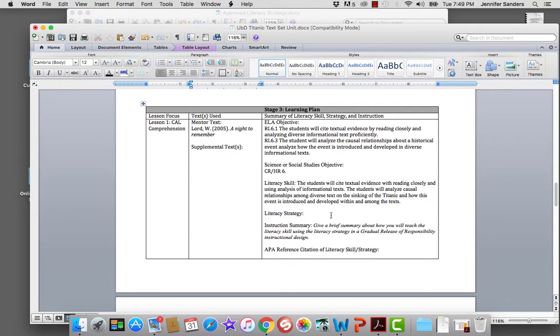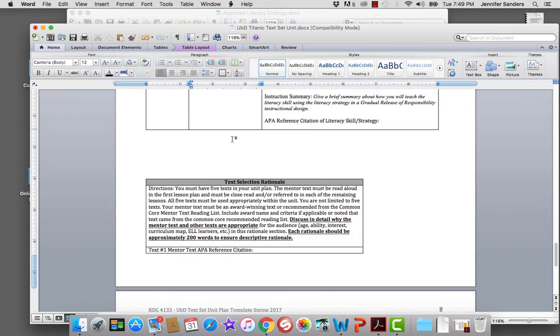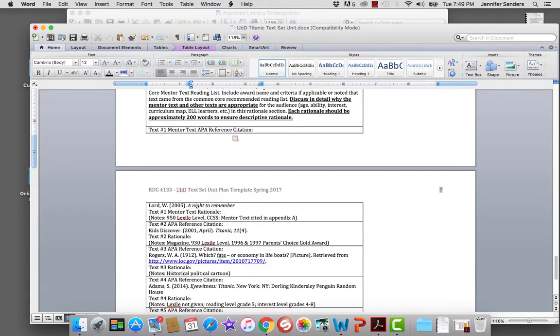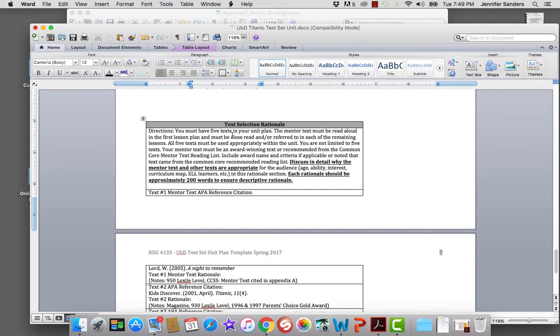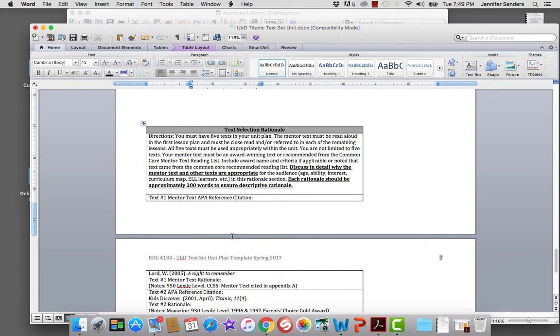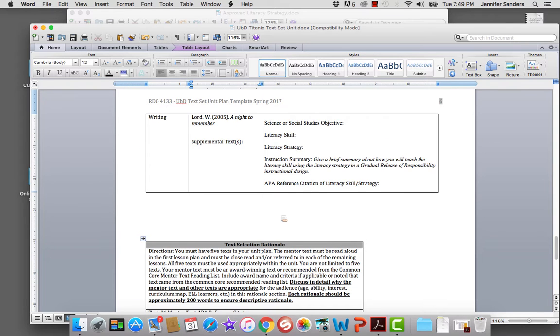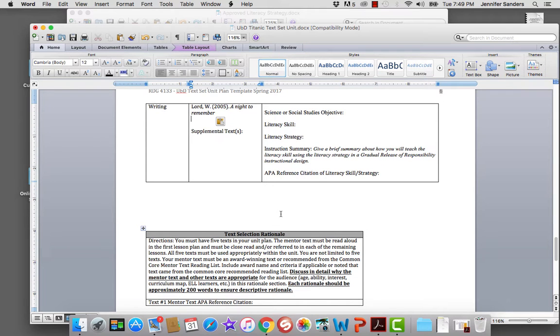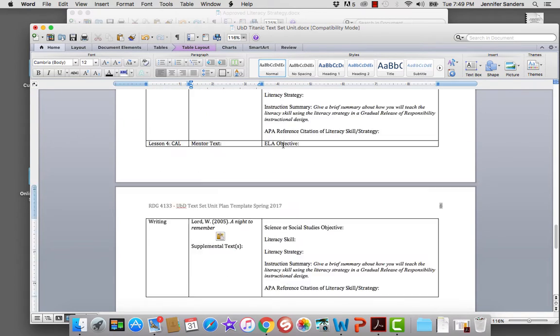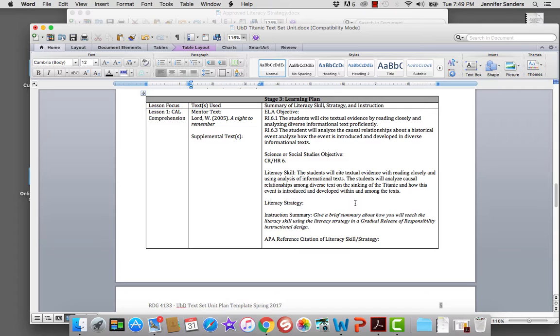Okay? Alright, so I'm going to model this literacy skill using a strategy using this mentor text, A Night to Remember. Okay? Well, I wonder, do I want to use any supplemental text? Well, I have to look at my mentor text, A Night to Remember, and its Lexile level and its rationale, like how many pages, how is it appropriate for the lesson, interest, so on and so forth, what is the book about. Then I can start deciding what strategy would best fit the skill and the social studies content.